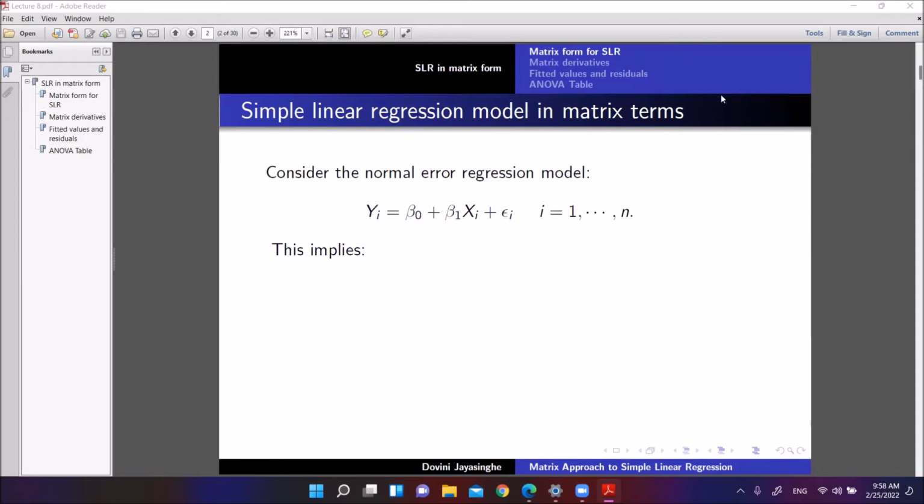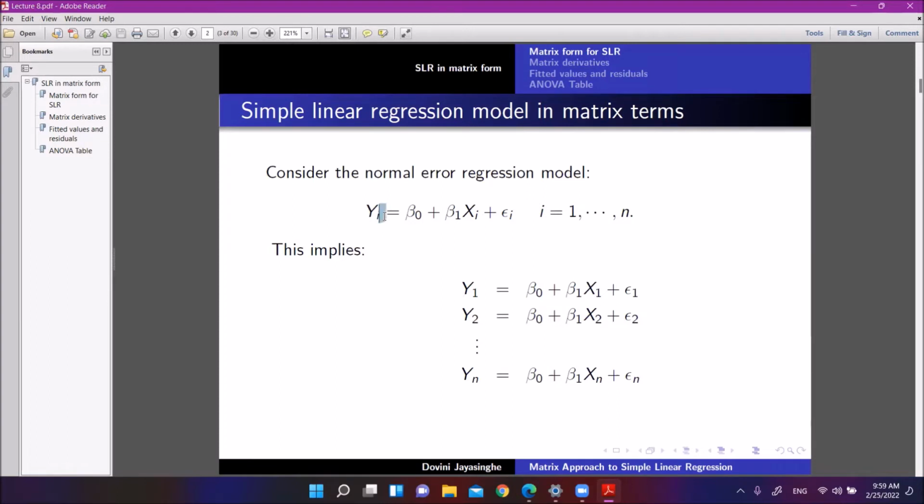Basically, this is the normal error regression model. Now we have overdone this. So what does this imply? We have n observations, where n is our sample size. So i is the indicator here, and i can take values from 1 to n.